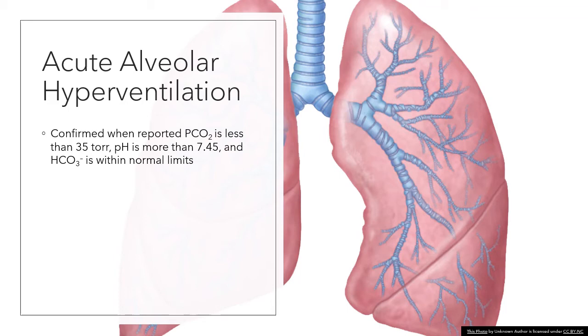Acute alveolar hyperventilation. Acute alveolar hyperventilation is confirmed when the reported PCO2 is less than 35 torr, the pH is greater than 7.45, outside of the normal range, and the bicarb, or HCO3, is still within normal limits. We know then that this just happened.